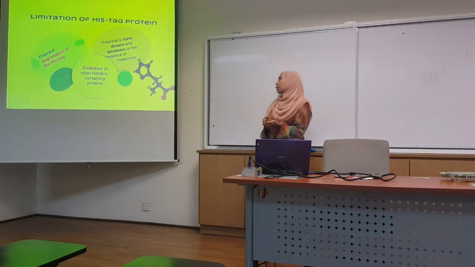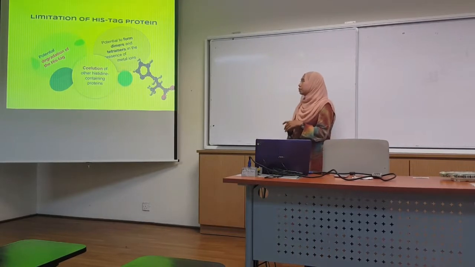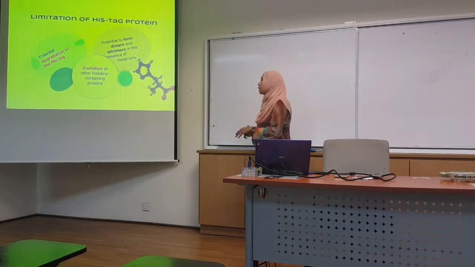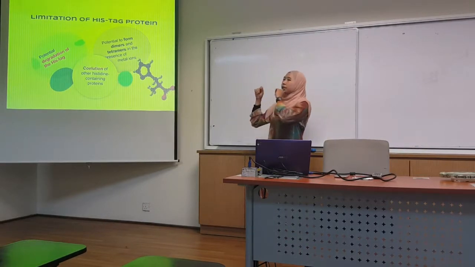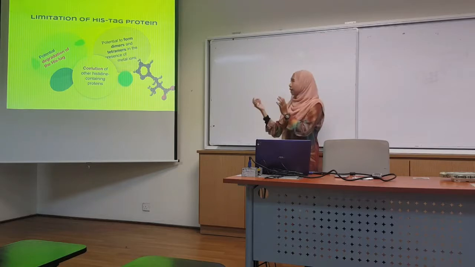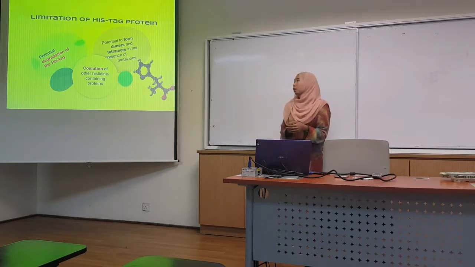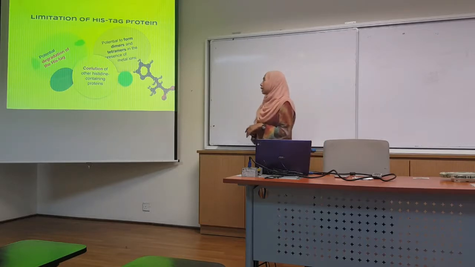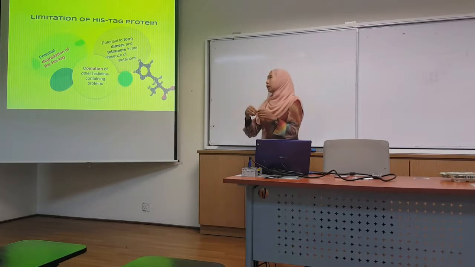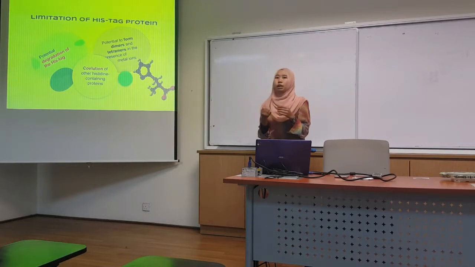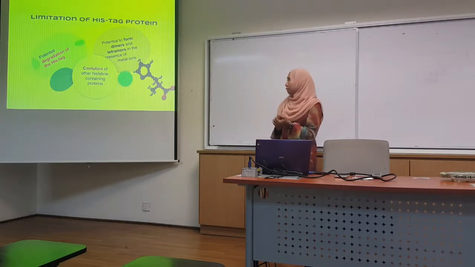The next is a potential to form a dimer and tetramer in the presence of the metal ions. When the His-tag binds to our protein, it has the potential to form a dimer or tetramer. So when it forms a tetramer, it's not a big problem, but it can cause us to get an inaccurate molecular mass of our target protein.